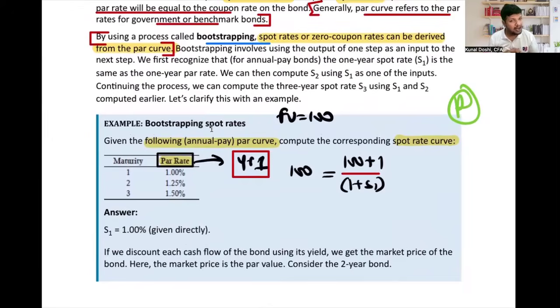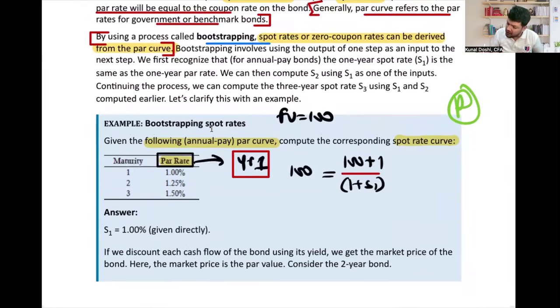Now, assume a 1 year zero coupon bond, which matures after a year and will pay me $100, correct? But a par bond is a bond which is always trading at par, and the coupon and YTM are the same.